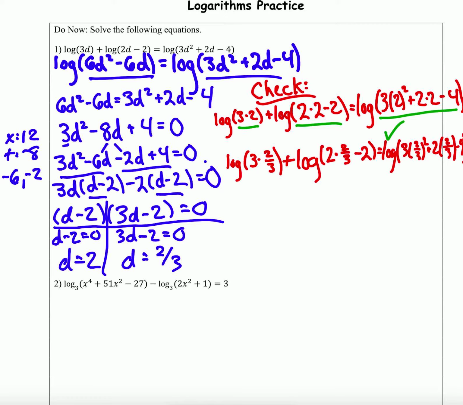Now, if we take a look at this one, this argument here is going to be negative. So this is going to be a rejection. You could also check it by plugging one side into the calculator, then plugging the other side into the calculator. They should be equal. But our only answer here would be d is equal to 2.